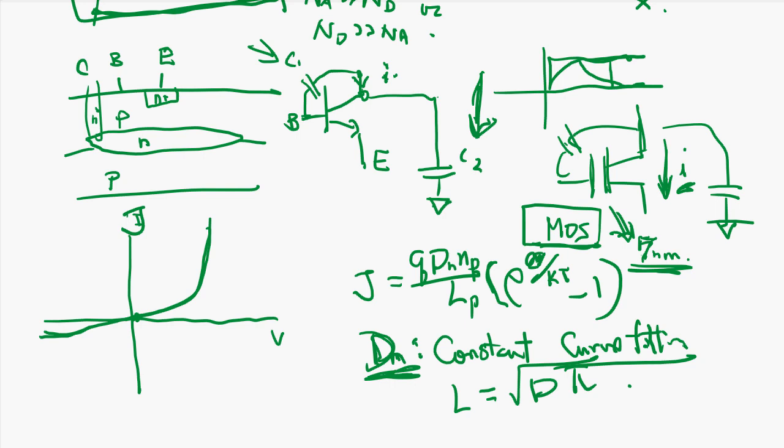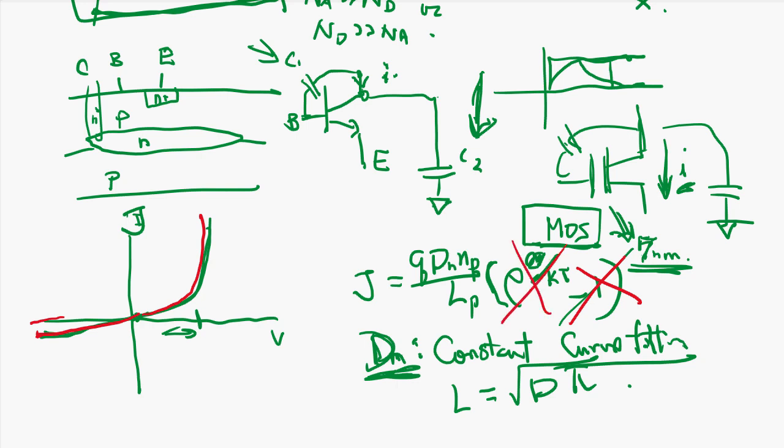Okay, so this equation shows when V is a certain positive number, you can ignore this one and it becomes exponential, right? But if you have a negative voltage, a depletion layer is created and there is no more current flow, it's going to be pretty much constant.